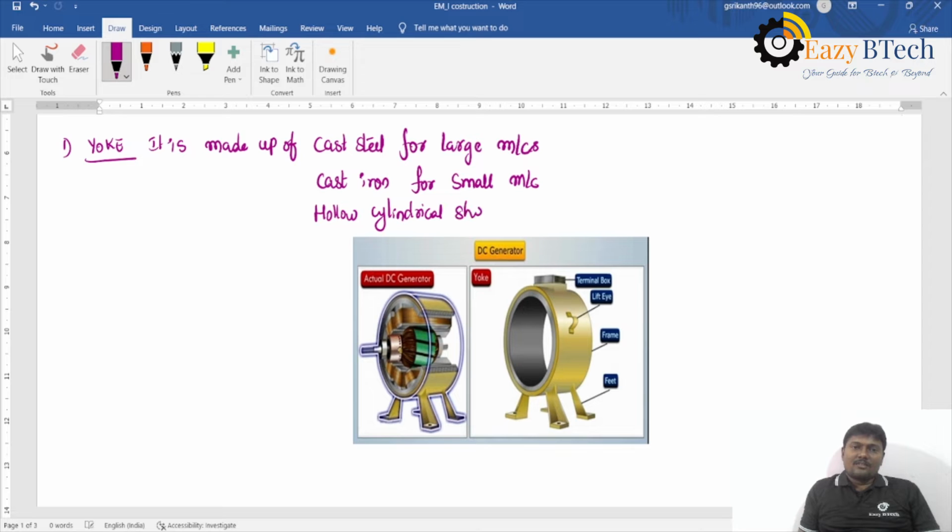If you observe, this is the outer part of a DC machine.